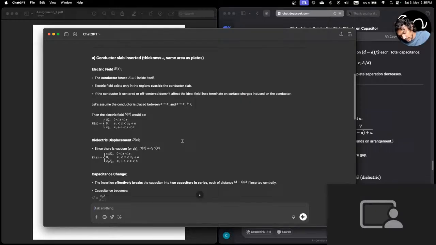Inside the conductor, the electric field E equals 0.